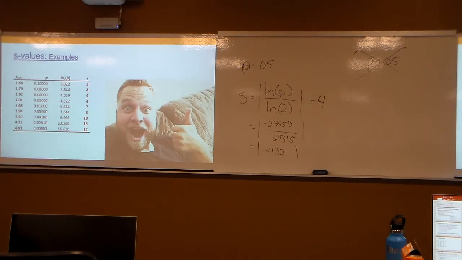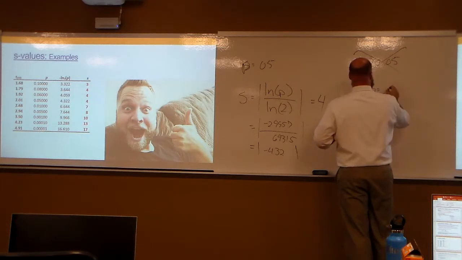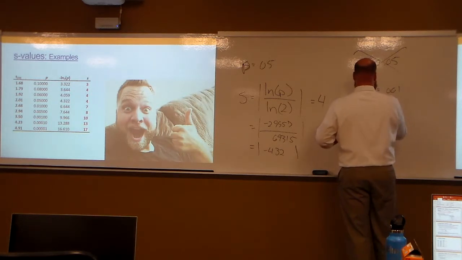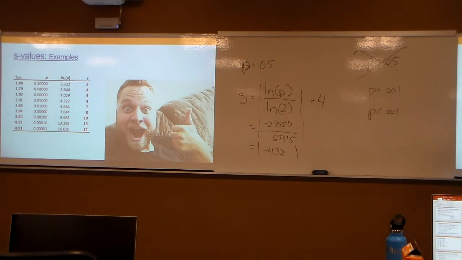But we tend to report p-values to 3 decimal places, right, just in terms of convention. And then after that, we say p less than 0.001. But as we'll see in some of these examples, p equal 0.001 is associated with an S value of 10, right?